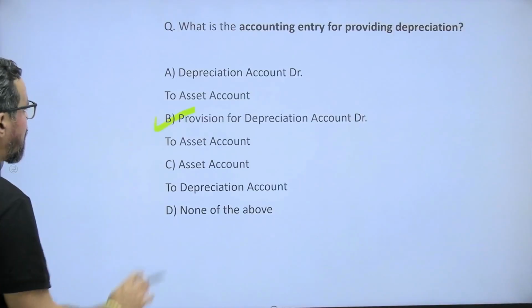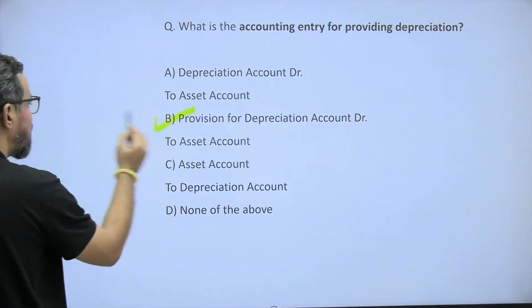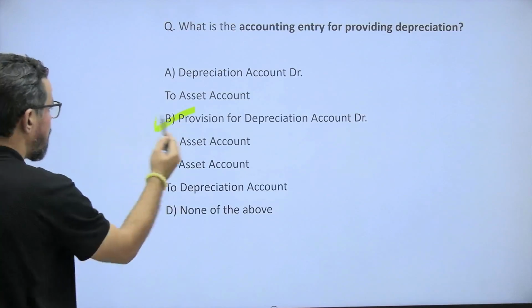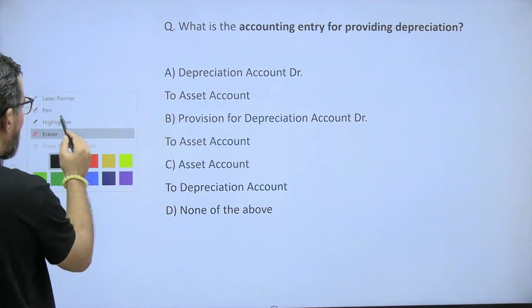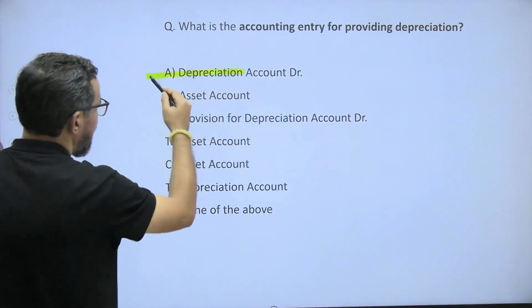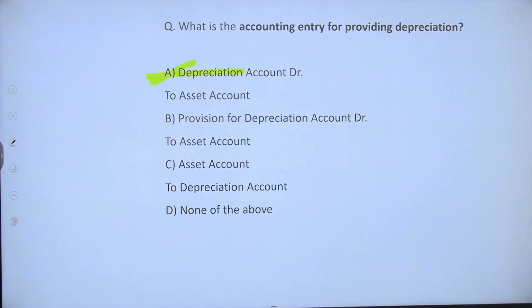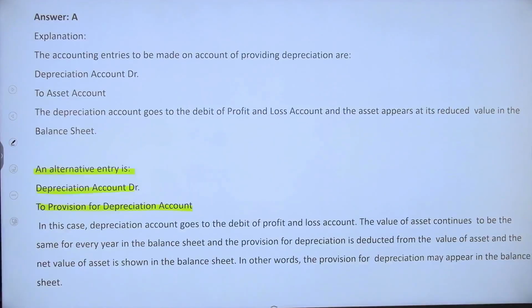It is something related to provision and it is only about depreciation. Sorry, that means option A only will be the right answer. Depreciation account to asset account, that is the right one. In case of provisioning, we have this one, right? Depreciation to asset, and for provisioning we go for this particular one.